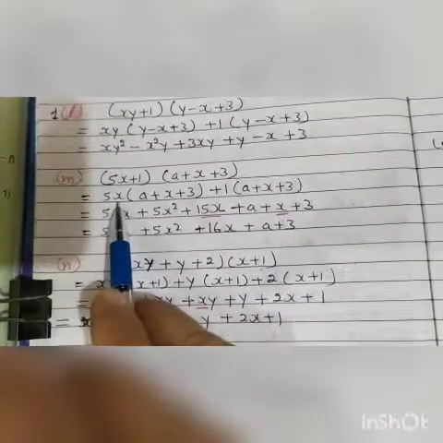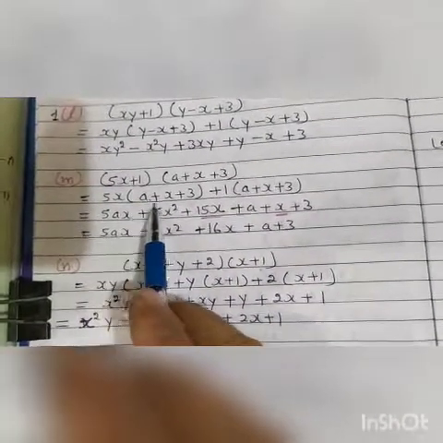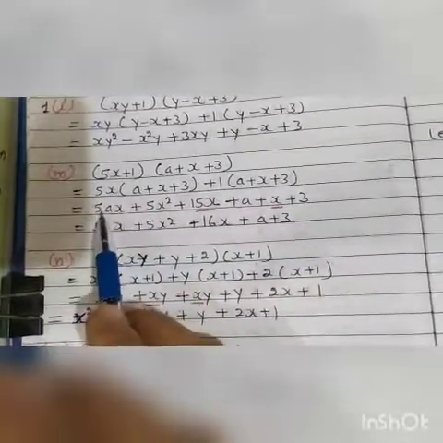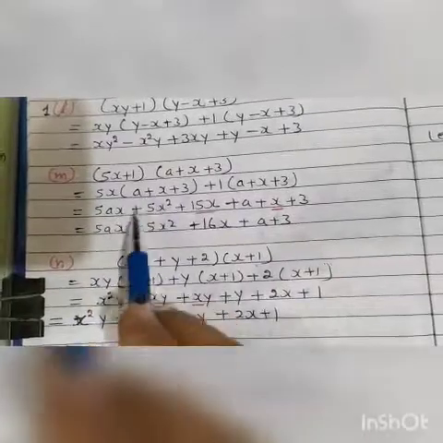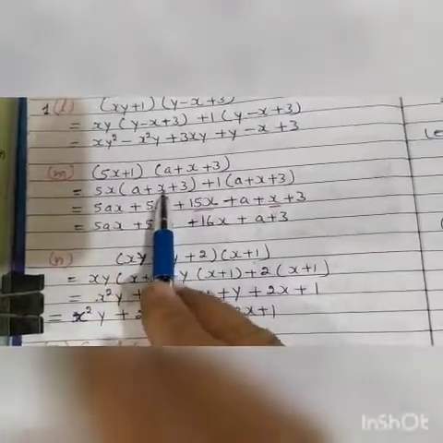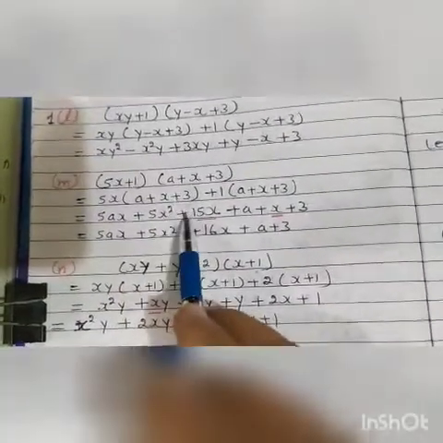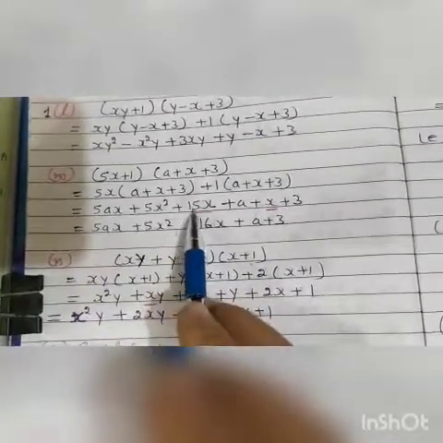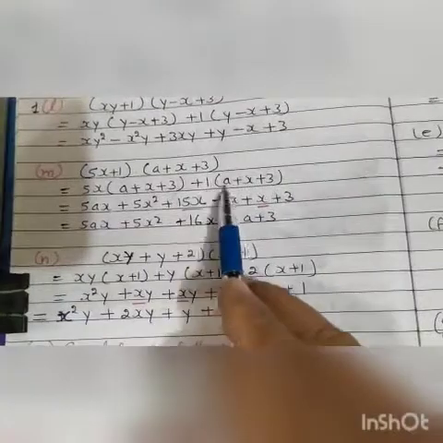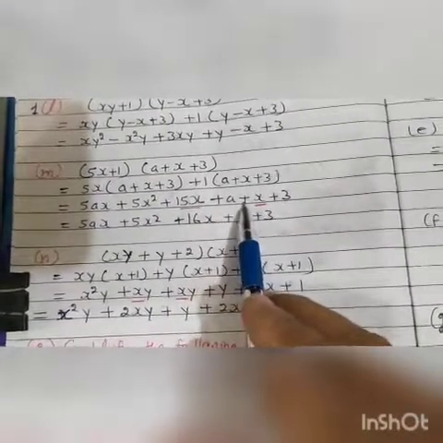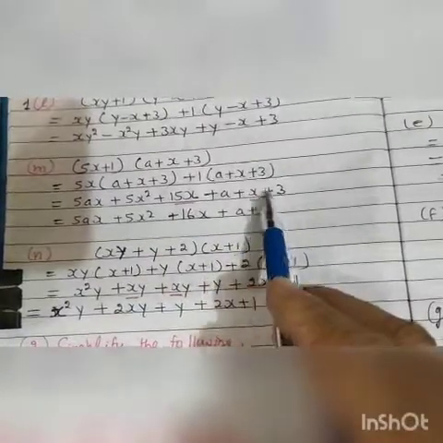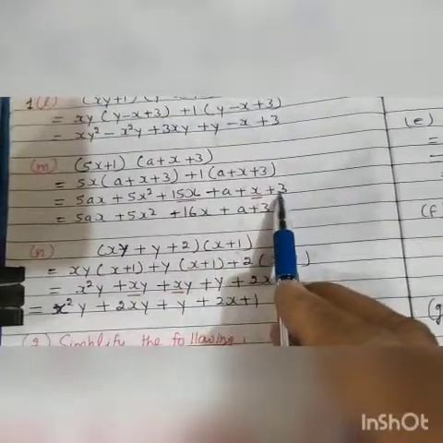Now multiply 5x by each term of this expression. 5x multiplied by a is 5ax, plus 5x multiplied by x is 5x square, plus 5x multiplied by 3 is 15x, plus 1 multiplied by a is a, plus 1 multiplied by x is x, plus 1 multiplied by 3 is 3.